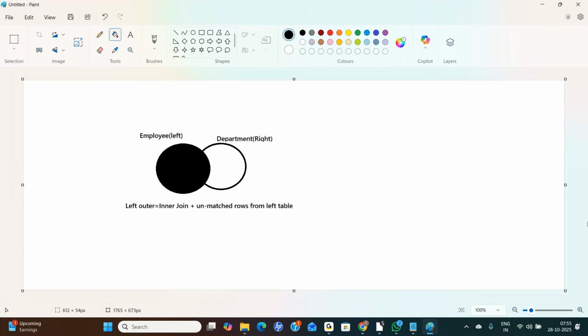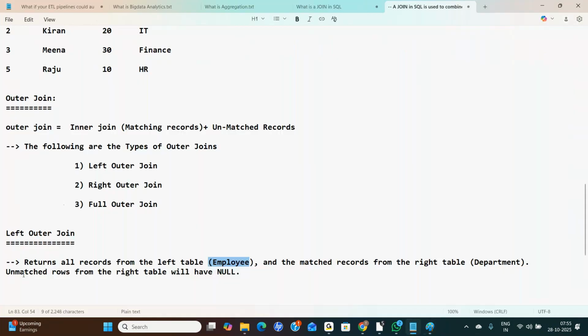Yes, all the records from the left table. And any unmatched rows from the right table will have null values. The right table columns will also be included, but having null values. That's what the definition is saying: unmatched rows from the right table will have null values.